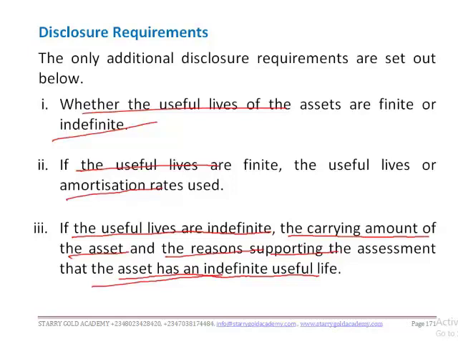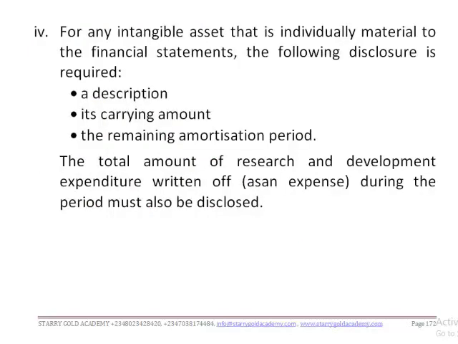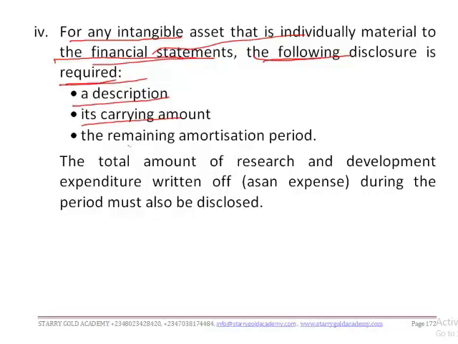For any intangible asset that is individually material to the financial statements, the following disclosure is required: the description of the intangible asset, its carrying amount, and the remaining amortization period. Are we together?